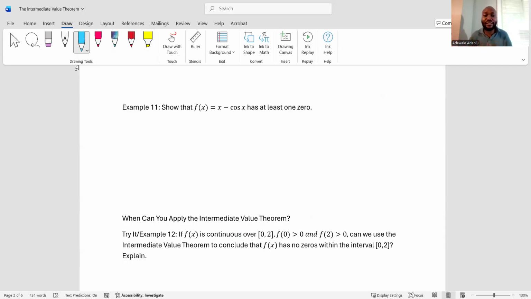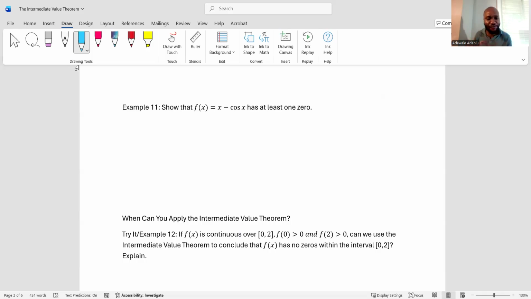This means that we are at liberty to choose any closed and bounded interval where that function is continuous, and we have to show that there is a zero in that interval anyway, because the problem says show that this function has at least one zero.